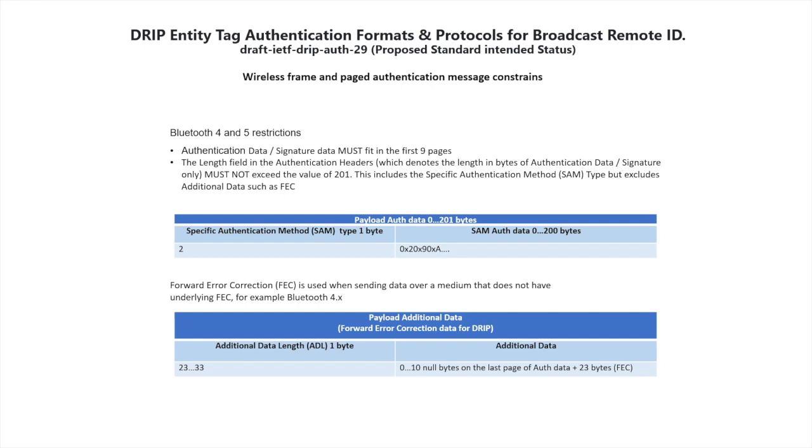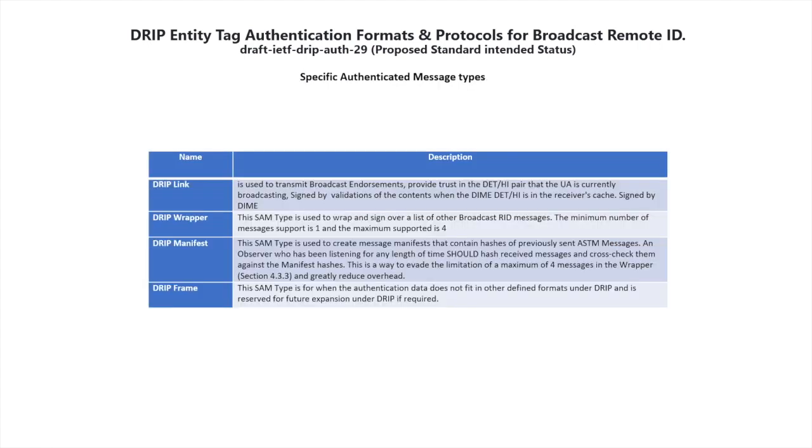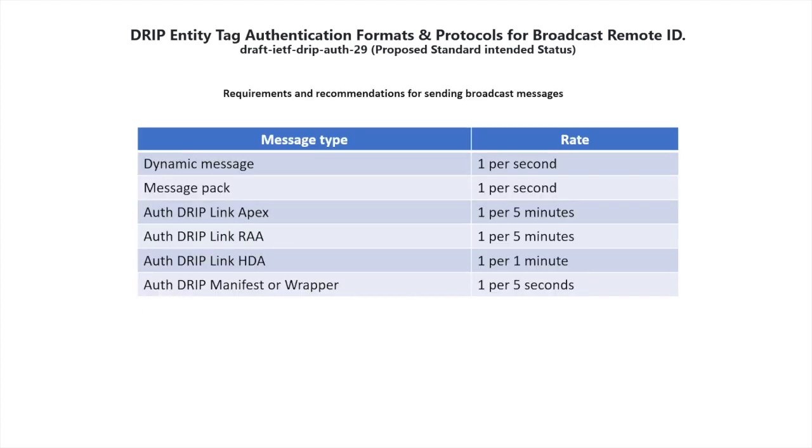Broadcast media dictates some restrictions on the volume of data in an authentication message, shown in these tables. The document also suggests using several authentication message types to provide trustworthiness for broadcast messages. The document also provides recommendations for the rate of sending different authentication messages.